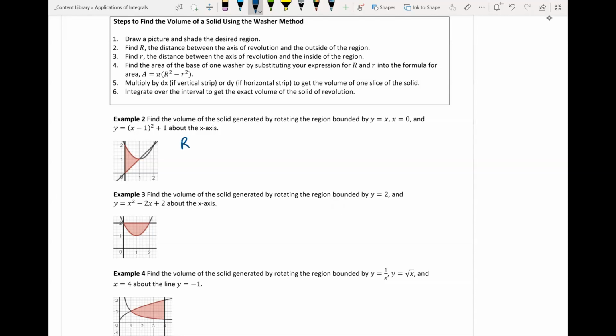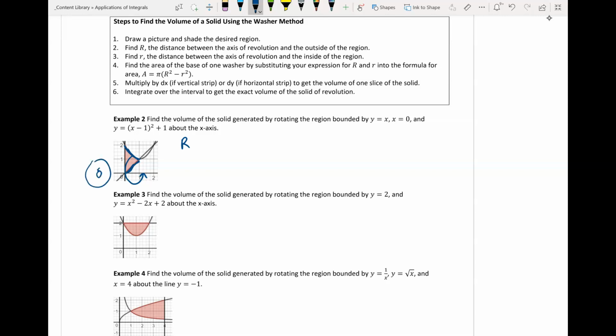And you just need to think about, okay, what is the outside function? If we are rotating around the x-axis, this one here is going to be our outside function, and this would be the inside function. That would be the smaller part of your washer.